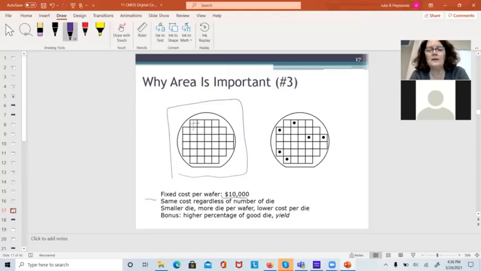I put VDD and ground to the chip, and I measure the current. If the current's 0, I put a big black dot on it, and I never test it again. If the current is above a limit, I put a big black dot on it, and I never test it again. These are bad devices that I'll never be able to sell. As you go through the processing, the tests get more elaborate based upon how much money they put into the device at that time, and they have to throw a lot of parts away. If you can make that yield higher, you've just gotten them free money.